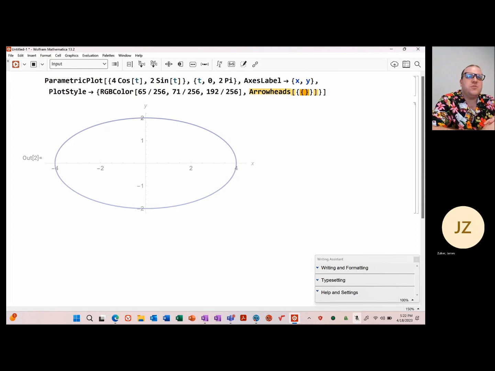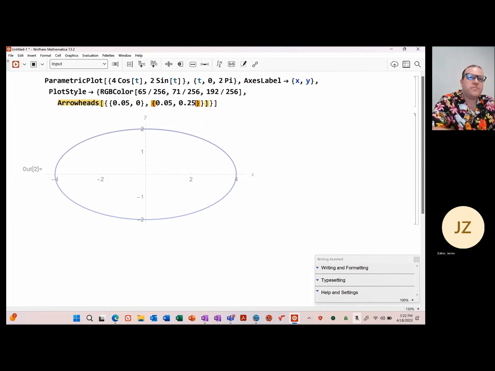The first value that you put in gives you the size of the arrowhead. Second value is going to give you a position. Where on the graph do you want it? Size.